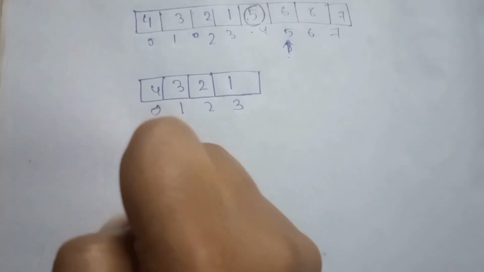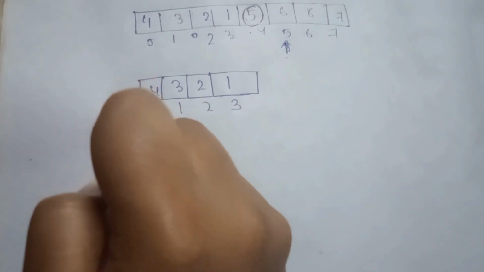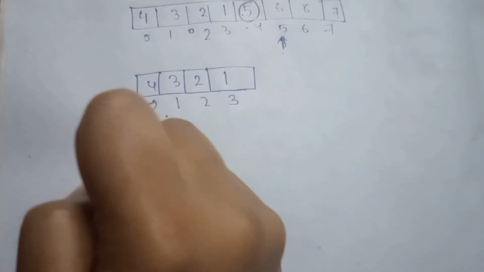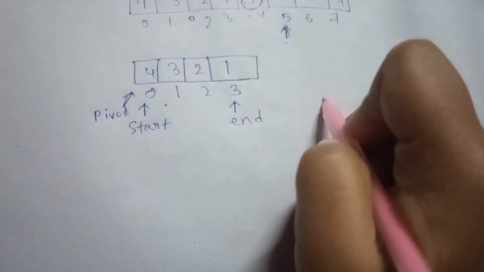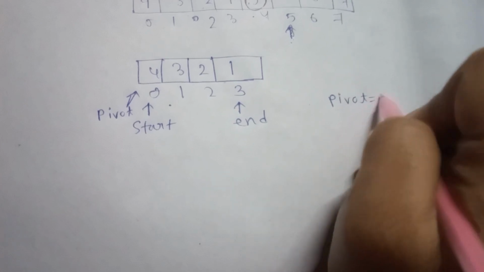So this is start and it is pivot, and this is the end. Pivot is 4.